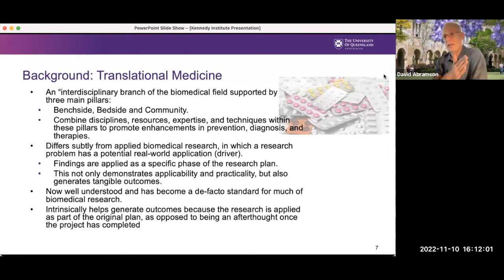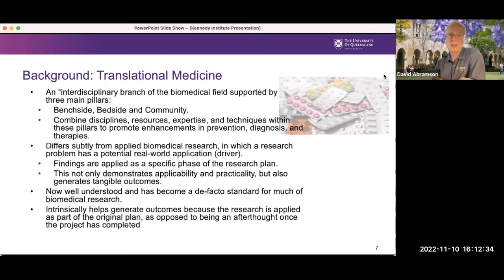And so what can happen is the research can finish, and then application may occur and translation may occur, but that doesn't guarantee the success of the translation operation. So it demonstrates applicability, but in translational research, it demonstrates applicability whilst there's still a chance to do something about it. So whilst the research is actually progressing, we feed things we find out in application, typically with a community, and bring that back in and perhaps modify things as they go.